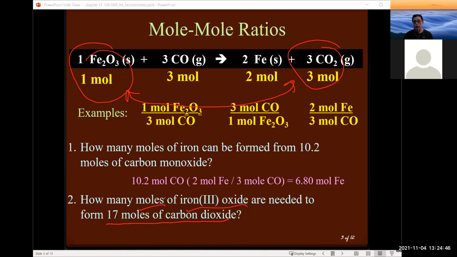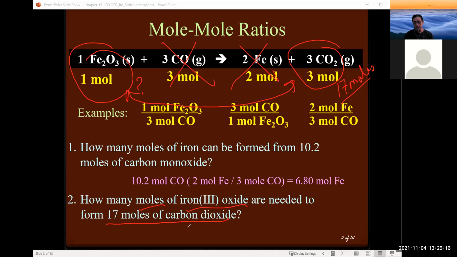If we made 17 moles of carbon dioxide, how many moles of iron 3 oxide was utilized? Again, we're not concerned about the other guys, only what the question asked. So we note the relationship. It is a 1 to 3 ratio.